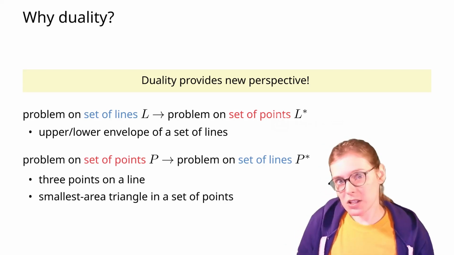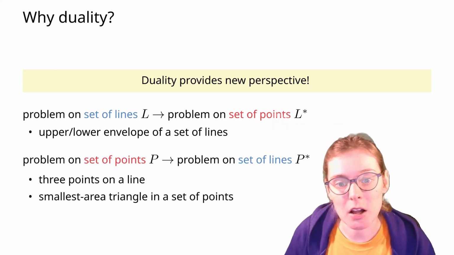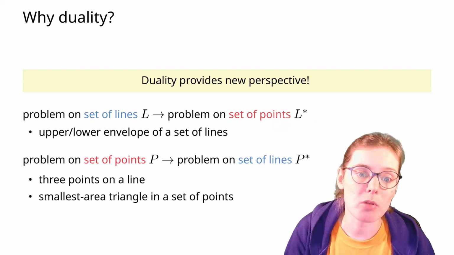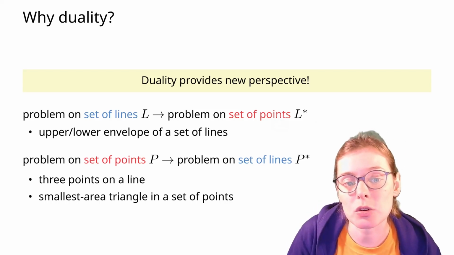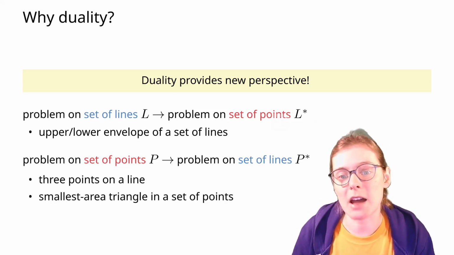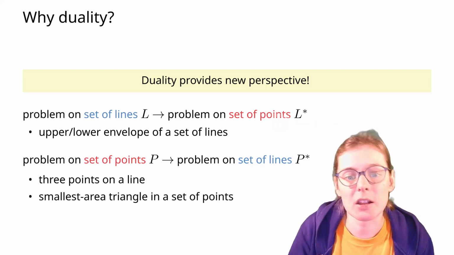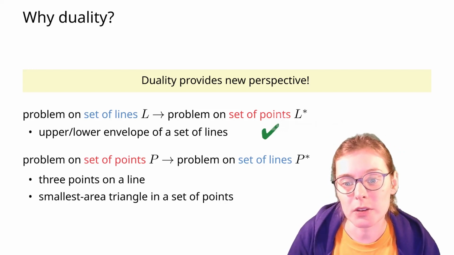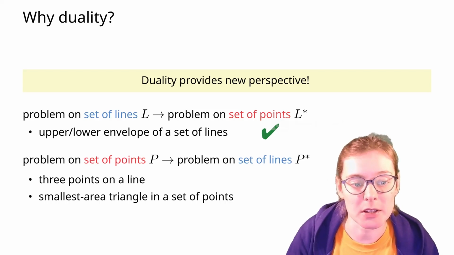And because we already know how to find a convex hull of a set of points, we converted the original problem, which we didn't know how to solve, to something that we already have a lot of algorithms developed for. Now let's see if we can make use of the duality transform in the opposite direction.